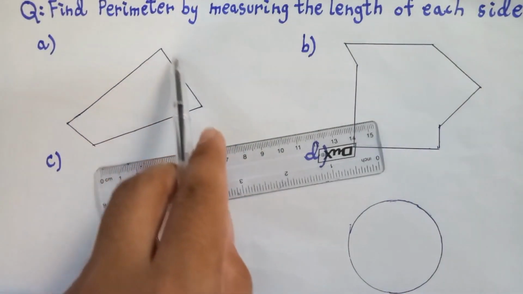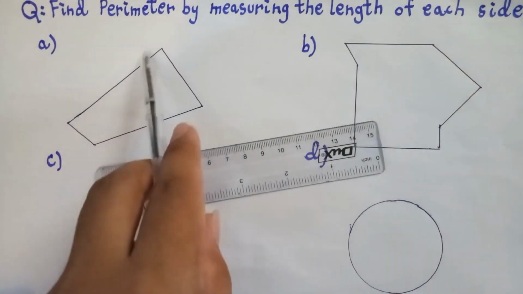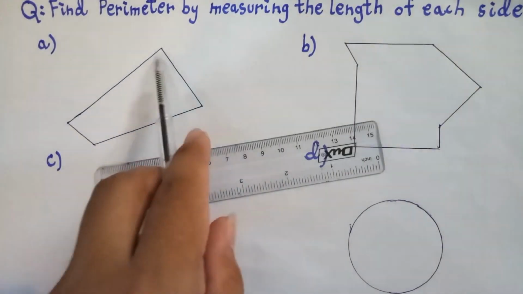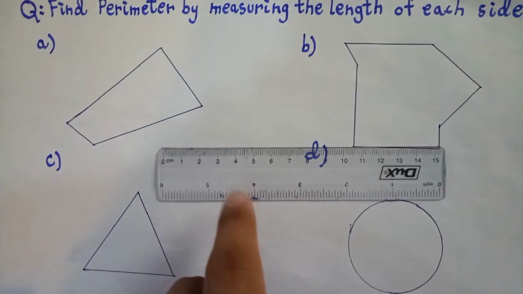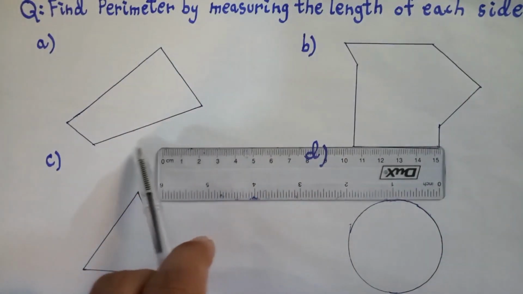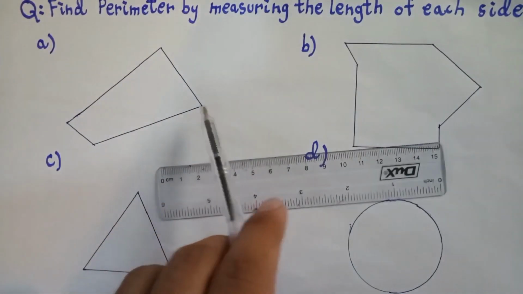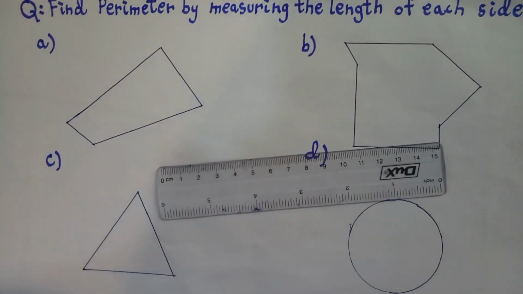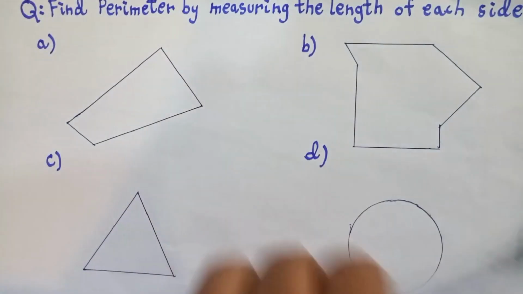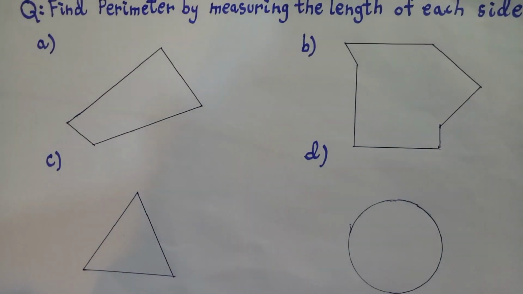So we are going to measure the sides with the help of this ruler. After measuring all the sides, we have to add the lengths of all the sides. By adding the lengths, we will get our perimeter. Clear? So let's see our first figure.